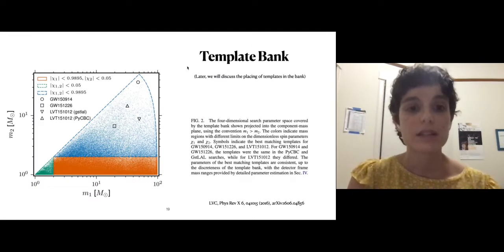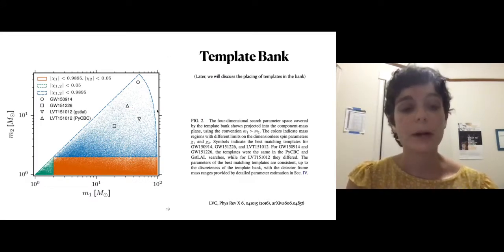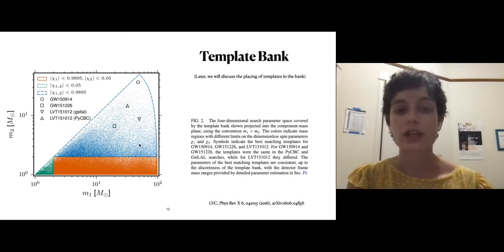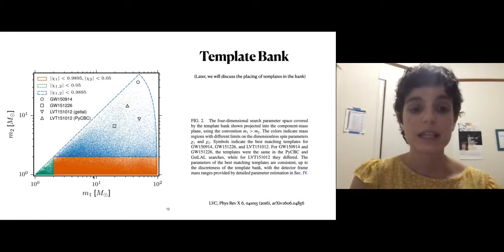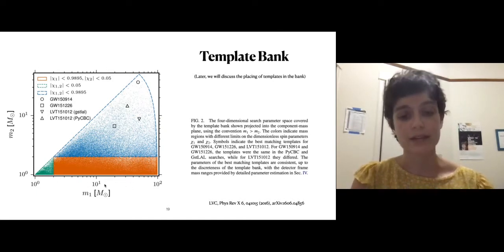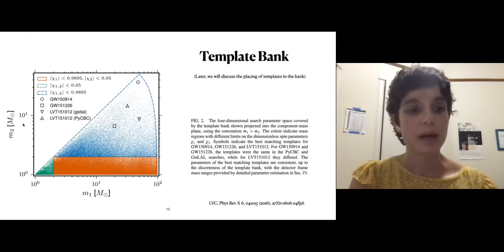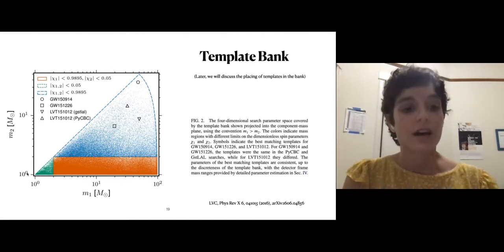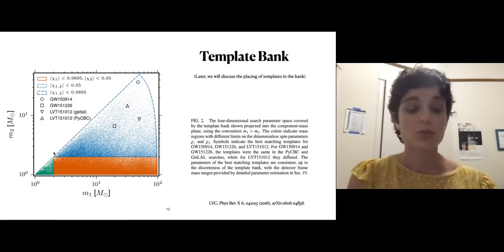And we'll discuss this a little bit later, but basically we can construct a template bank. So each template is essentially a model for what the gravitational waveform will look like for a signal with some parameters. Here, the parameters are the primary mass, M1, the mass of the bigger black hole, and the secondary mass, M2, the mass of the smaller black hole or neutron star. For the purpose of this talk, neutron stars are just low mass black holes.